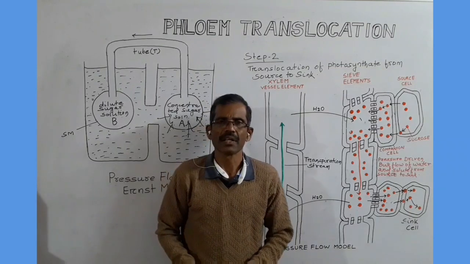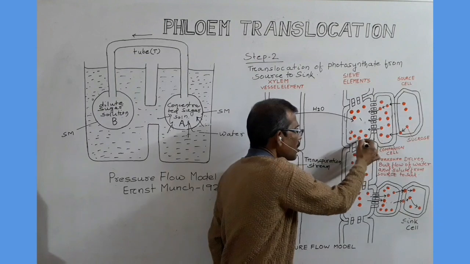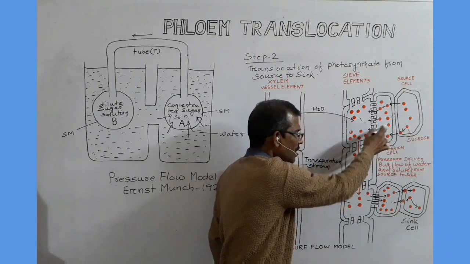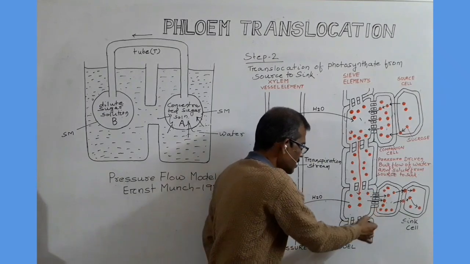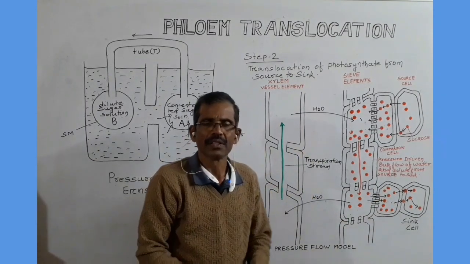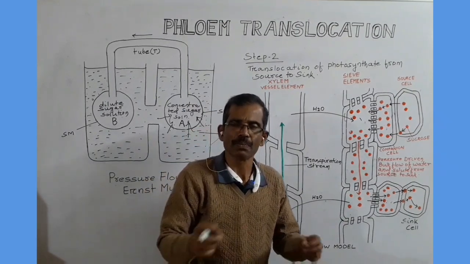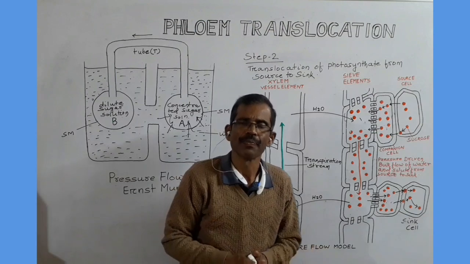So there is a pressure gradient. That means the turgor pressure in the sieve tube element near the source is higher, whereas the turgor pressure in the sieve tube element near the sink is lower. This difference in turgor pressure is generated by osmosis.